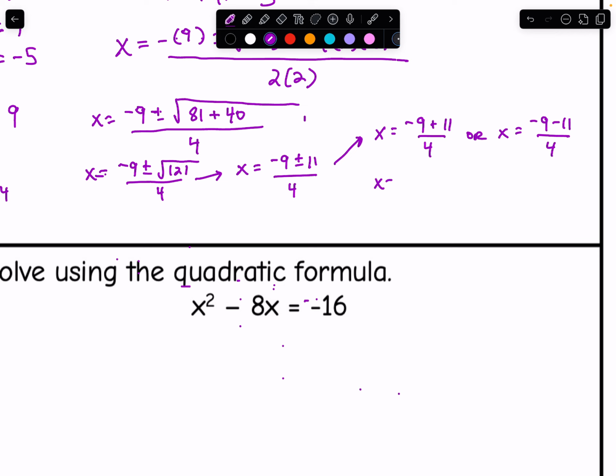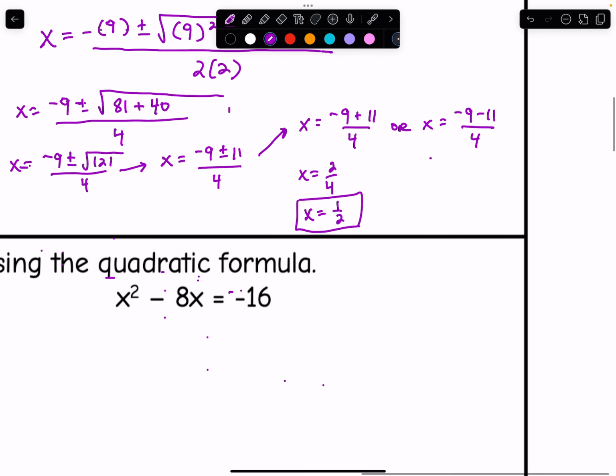So we get 11 minus 9 is 2, 2 over 4, which reduces to 1/2. It's one solution. Or over here, negative 9 minus 11 gives me negative 20 over 4, which becomes negative 5 when I divide negative 20 by 4.